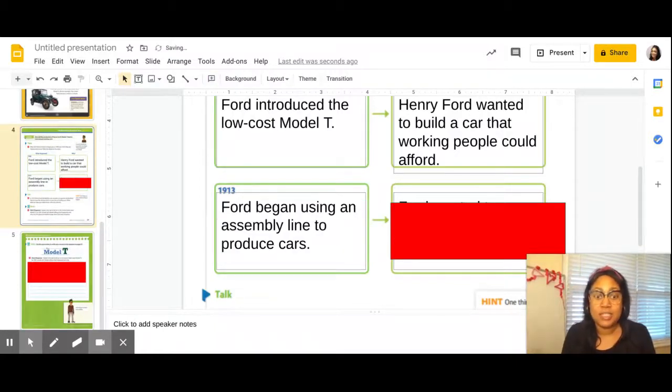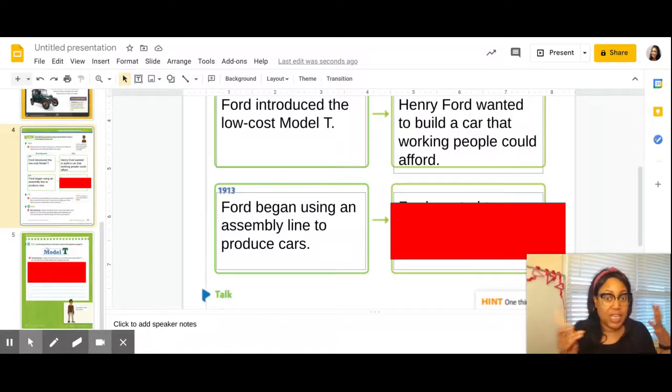Ford began using an assembly line to produce cars. Remember, an assembly line is a moving line usually where each person has their own special job. They are specially trained for that position, and they must assemble a product that is bigger than what they could assemble by themselves in such a short time.